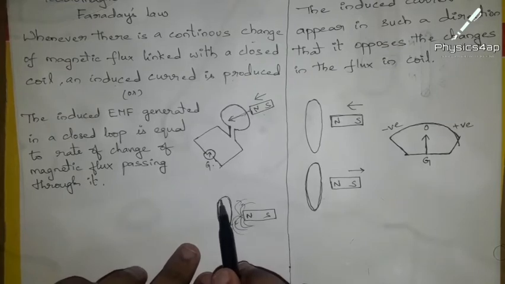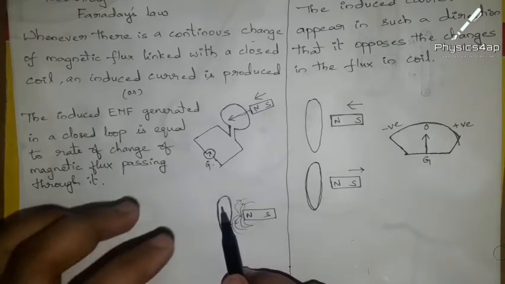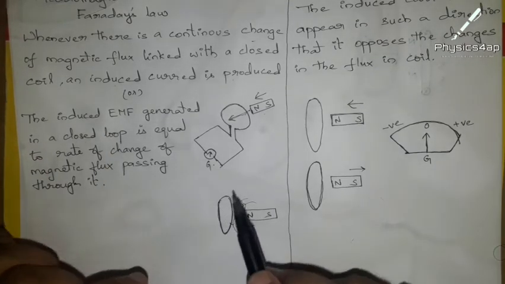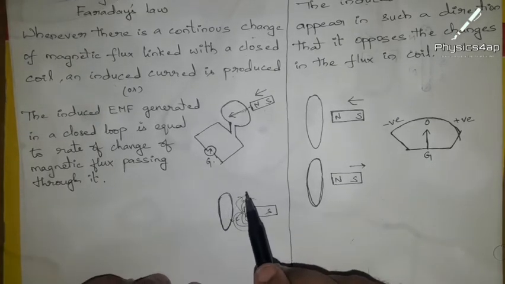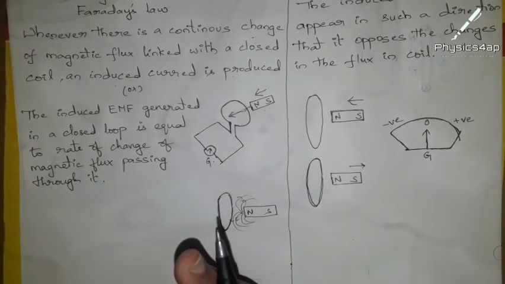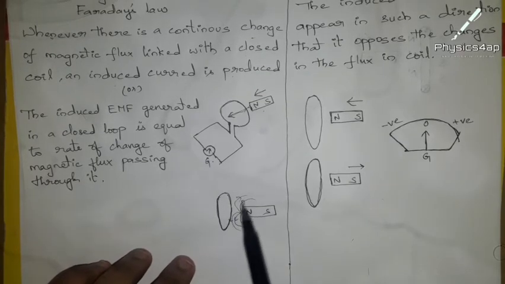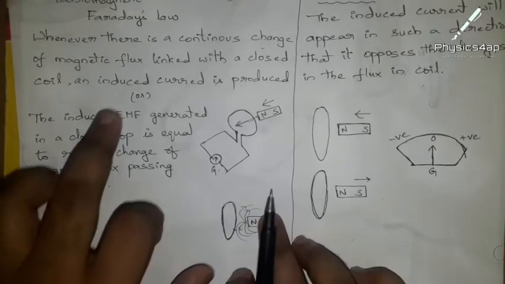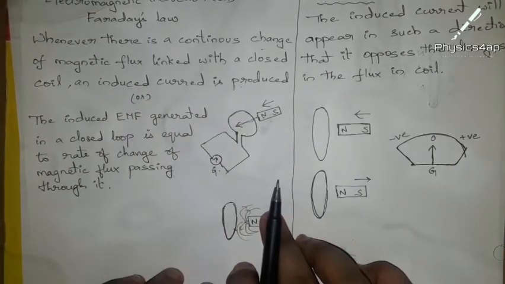So the electrons, that is, the charges present in the copper coil, start to move from one place to another place. That movement is nothing but what we call current. As the charges move, current is produced, which is what we call the induced current.